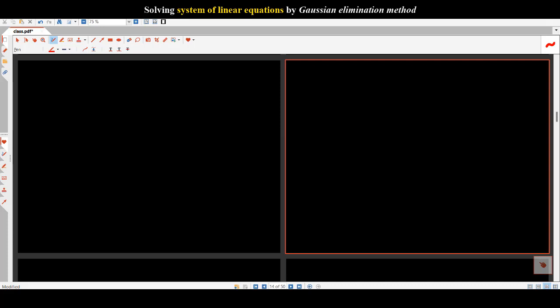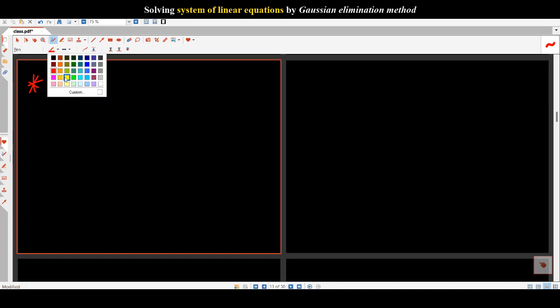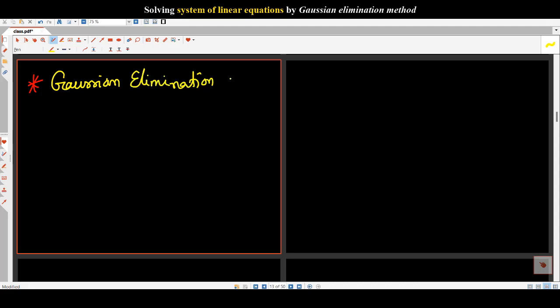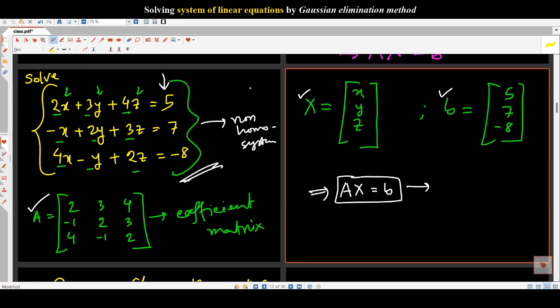Now let's start with what a Gaussian elimination method is. I have already mentioned that in your elementary school level or college level you are familiar with many methods and you have solved this type of equations several times.